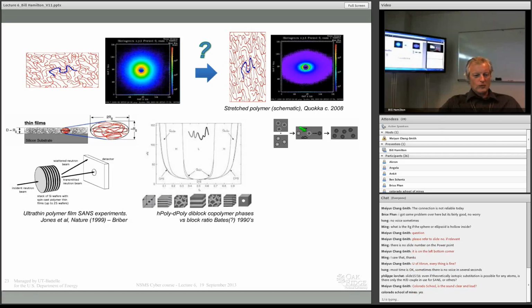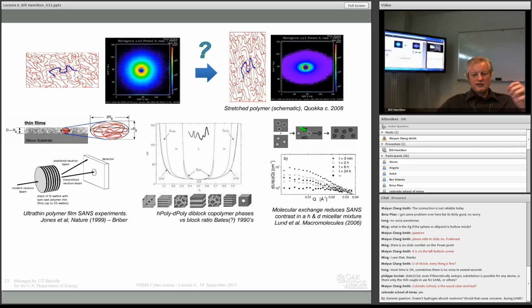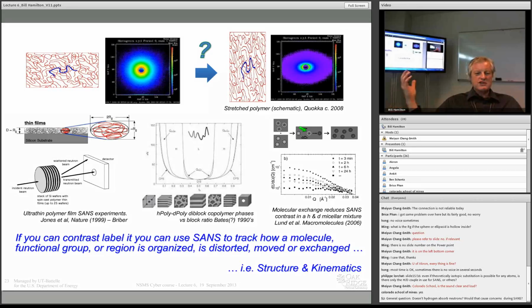And you could watch the scattering from the contrast decay to the average contrast over a day. So you would be watching structure and kinetics of materials, all of them, in every case here, technologically important, and you can't really get this sort of information any other way.